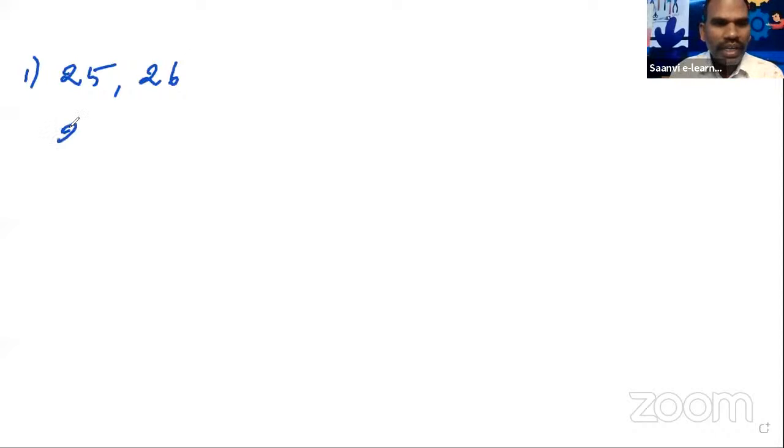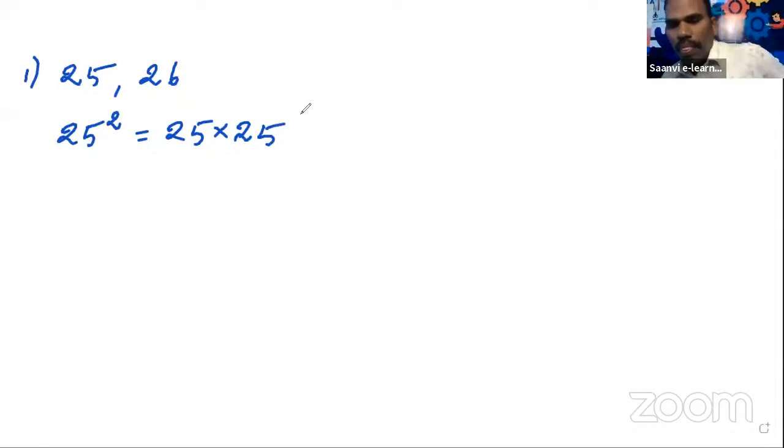See here. How many numbers lie between the squares of the following numbers? What is the first one? 25 and 26. 25 square, how much? 25 into 25 is 625.